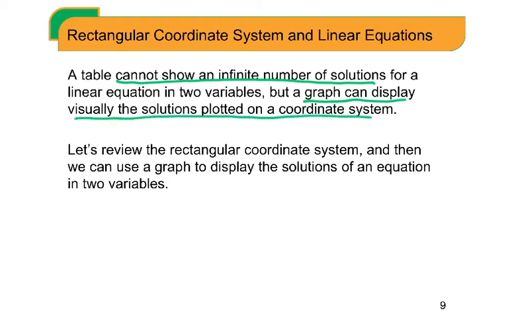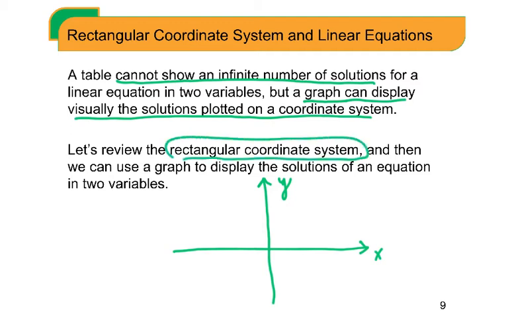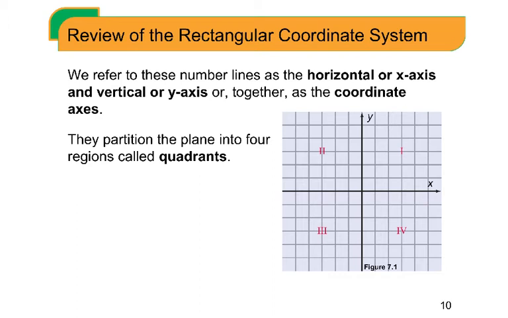And we have to graph it in our very familiar, what I call the XY plane. And we're going to review how this is set up. This is the rectangular coordinate system. So, some very basic things here in case you've forgotten. The vertical axis here is y.